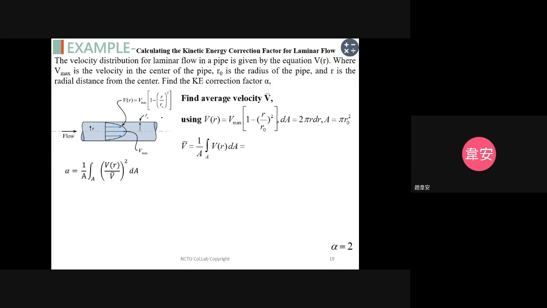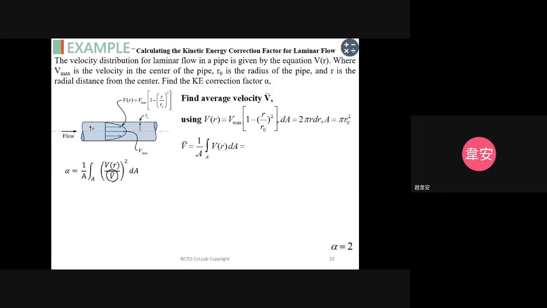Since this is pipe flow and we know that the velocity profile is parabolic, how do we compute the alpha value? We already know alpha is equal to 2. First, we need the mean velocity, and we know that the mean velocity is equal to 1 over A times the integration of v(r) dA.